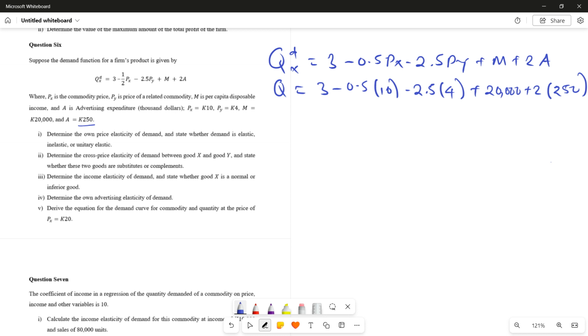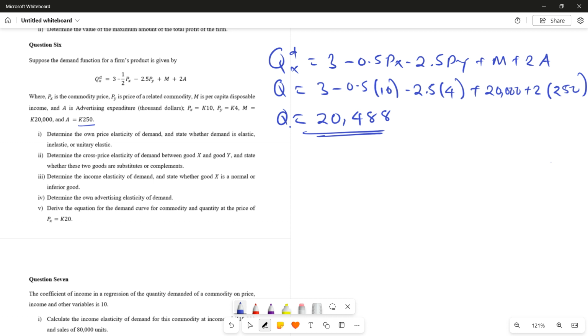Assuming that you have done the correct calculations here, I'm getting 20,488 as the quantity. Let me just do it one more time to be sure. Yes, I'm getting 20,488 as the Q.